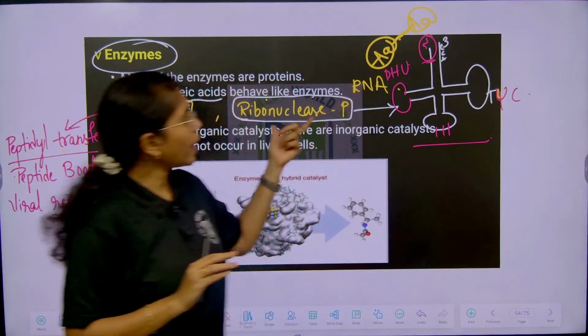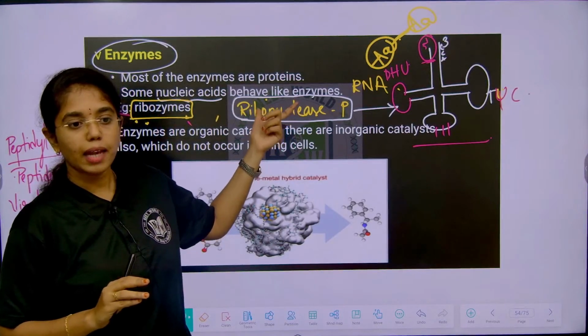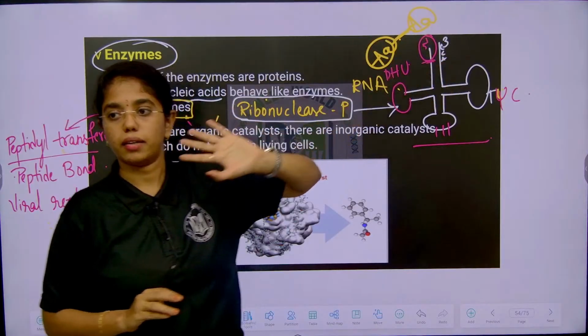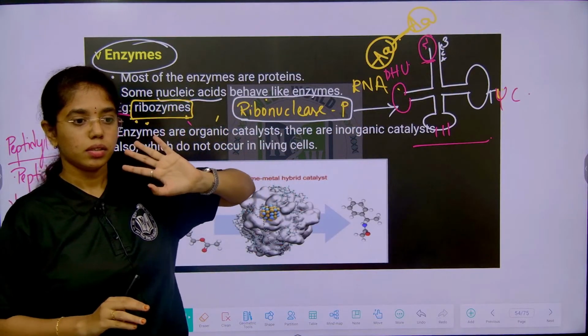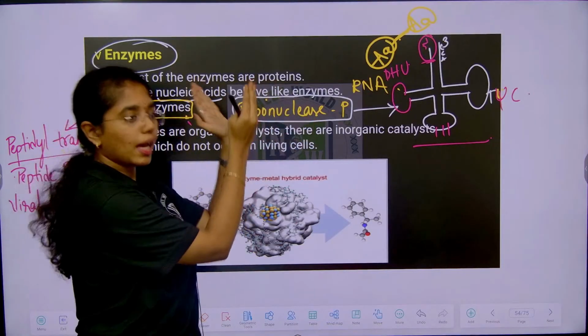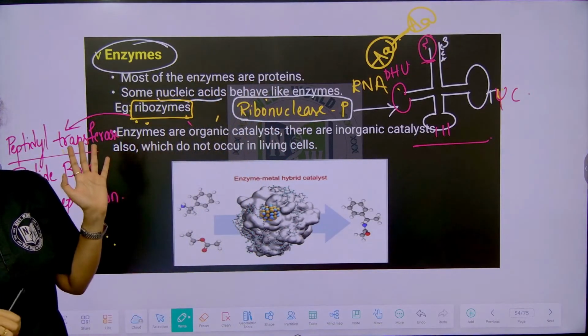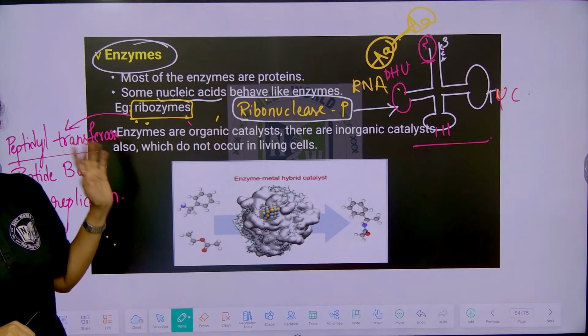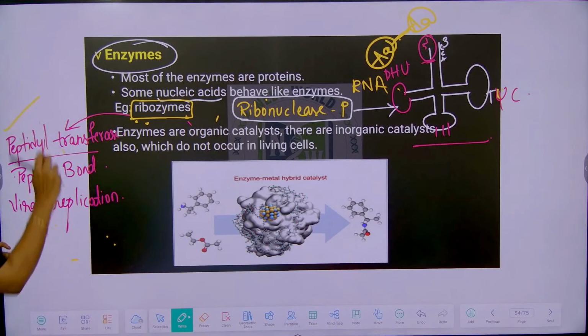And ribonuclease P helps in trimming of the 5' end for tRNA. That's it. But remembering the examples of the exceptional enzymes is important. Clear now? Till ribozyme, ribonuclease P and their functions. Peptidyl transferase you have to remember. These two functions, it is your choice.